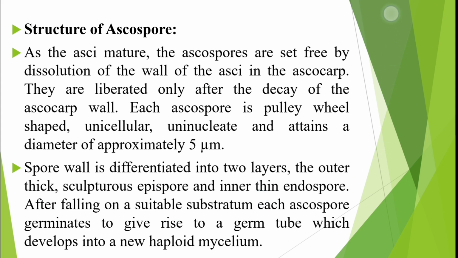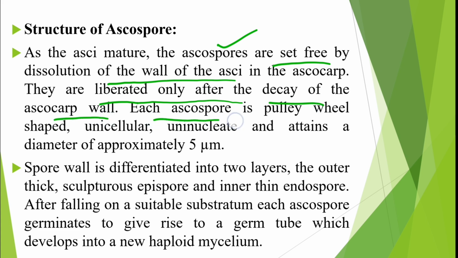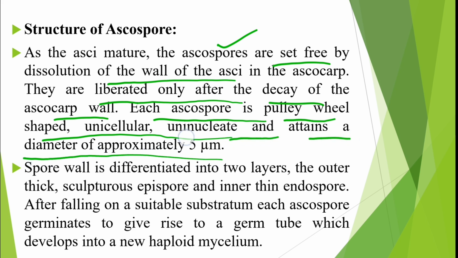Next, structure of the ascospore. As the asci mature, the ascospores are set free by dissolution of the wall or peridium. They are liberated after the decay of the ascocarp wall. Each ascospore is wheel-shaped, unicellular, uninucleate, and attains a diameter of approximately 5 micrometers.